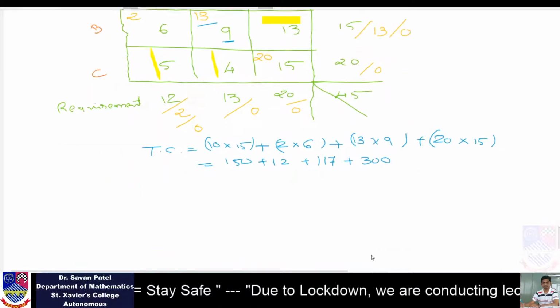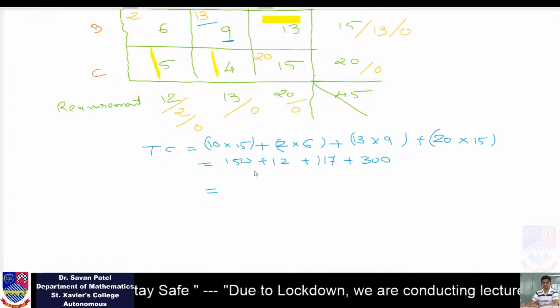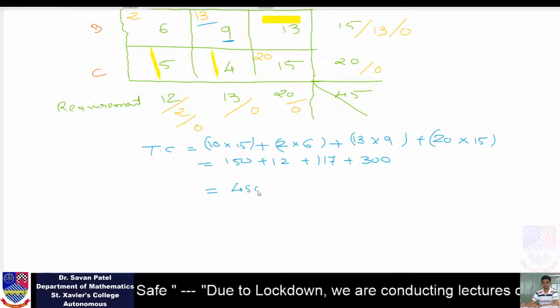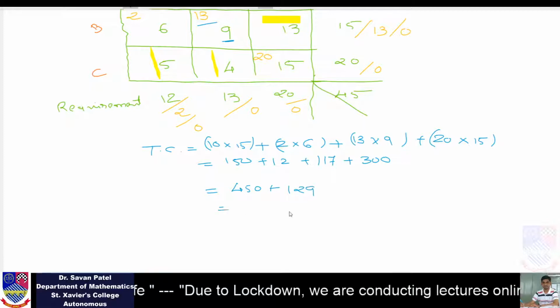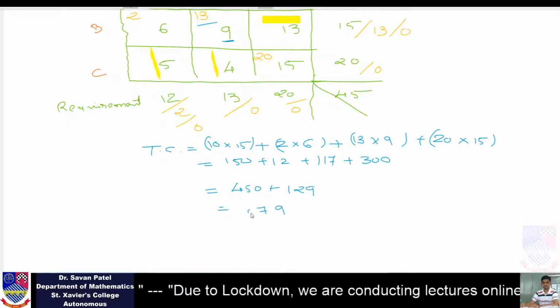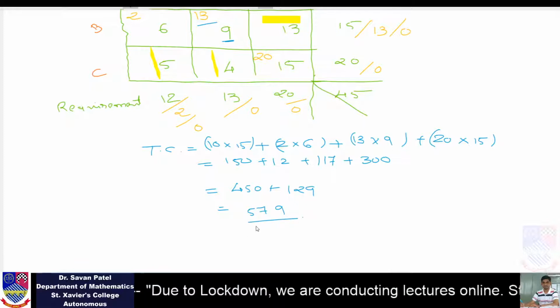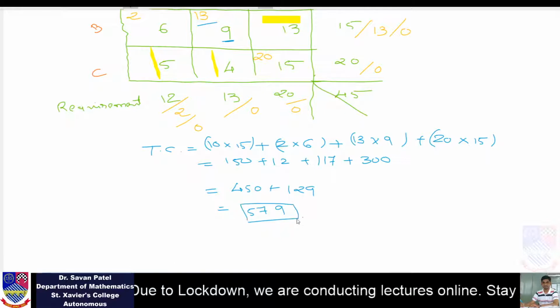So the total sum is 300 plus 150, so 450, plus 129, that is 579 rupees transportation cost. So we have too much transportation cost even for this simple problem.